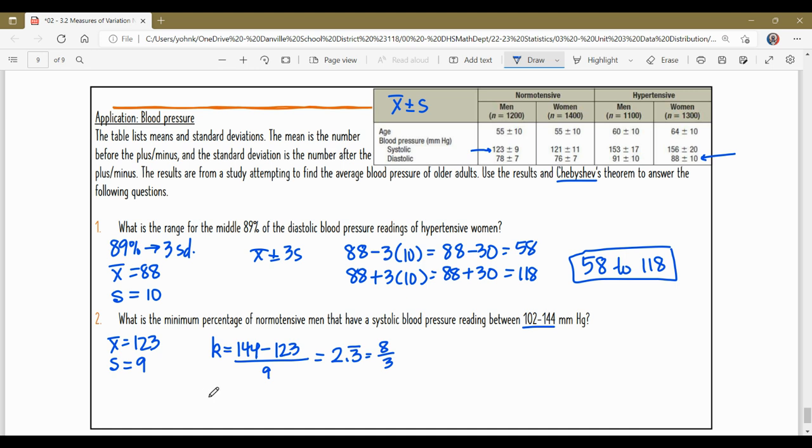Then I plug it into 1 minus 1 over K squared. So 1 minus 1 over 7/3 squared. If I do this, I get 0.816, or 82%. So again, because my standard deviations are between 2 and 3, my percentage is in between 75 and 89.